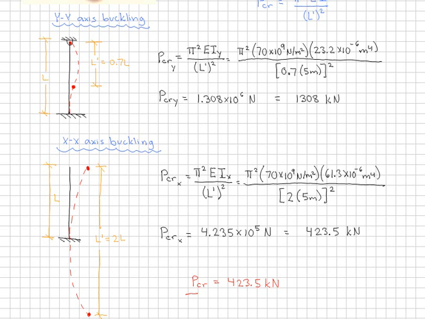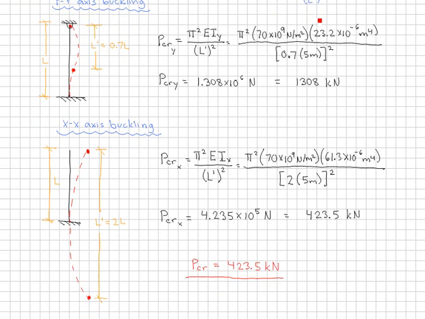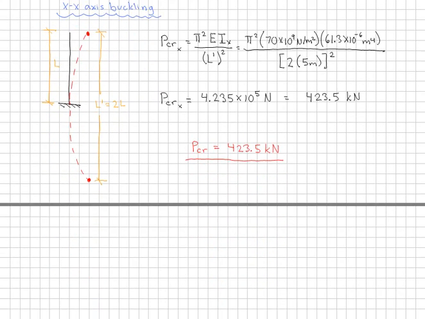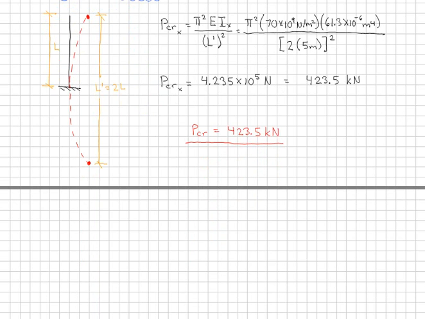And going back to our original equation that we used for analysis and design, we'll substitute this value into our equation for the actual load which our column can withstand. P actual is equal to the critical load divided by the factor of safety.